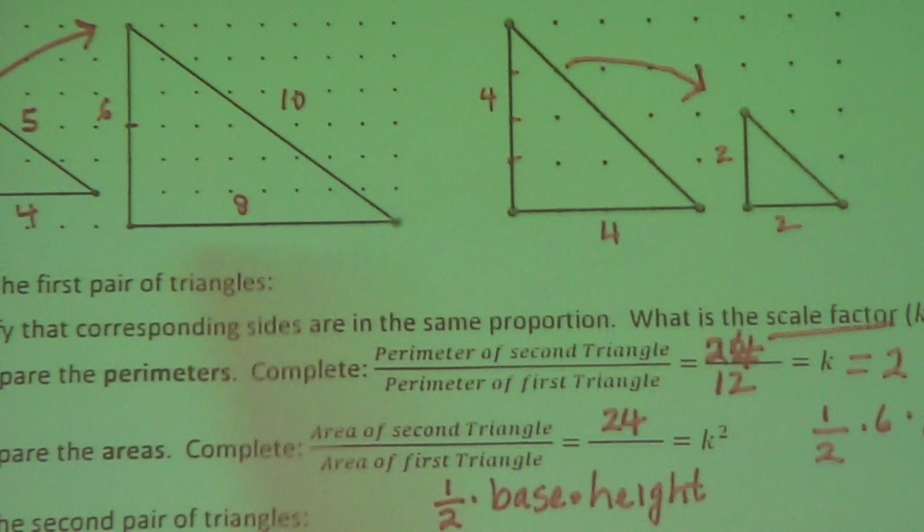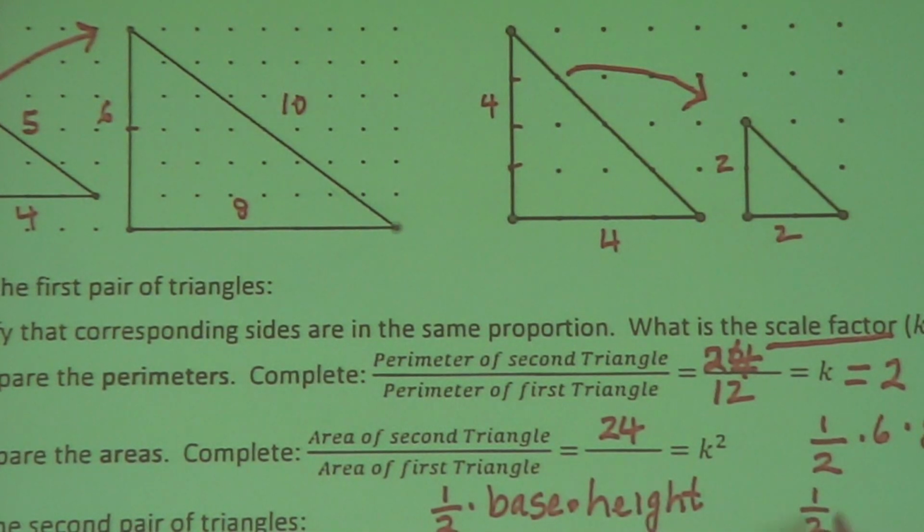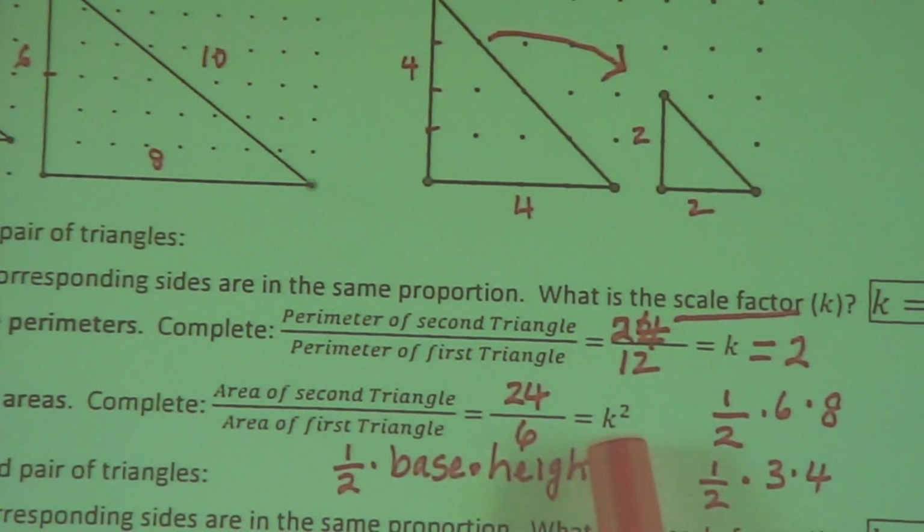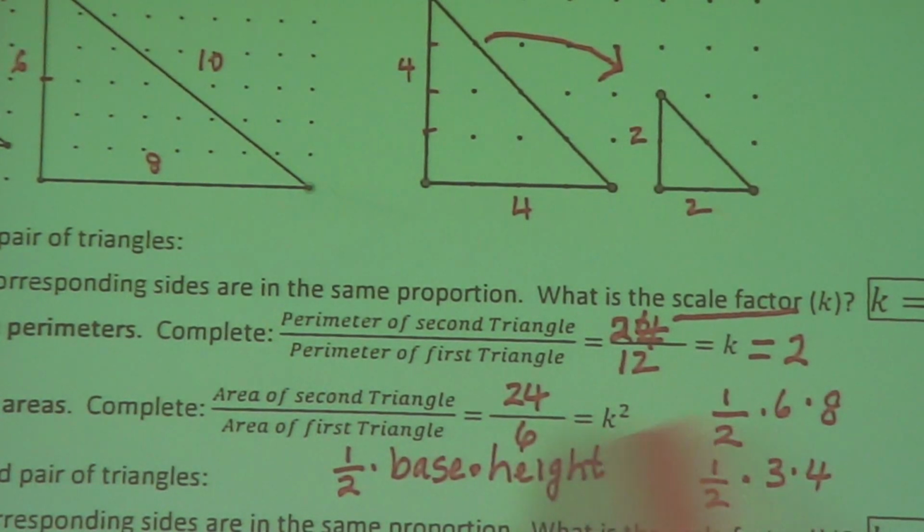And the first triangle will be 1/2 of 3 times 4. That is 6. If you divide 24 by 6, we get 4. You don't get K, you're going to get K squared.